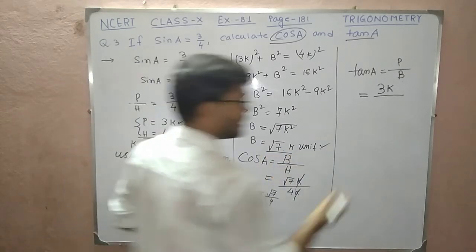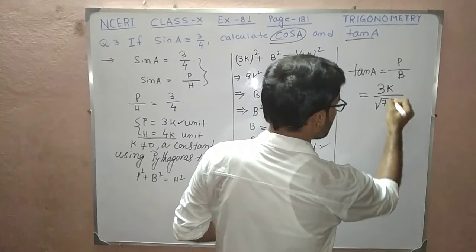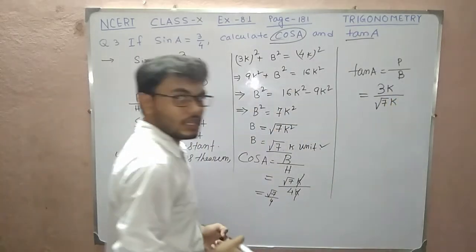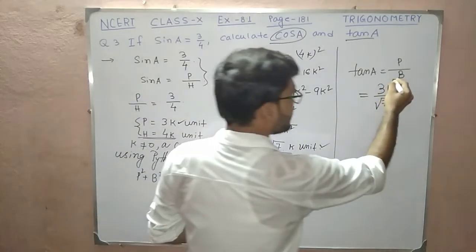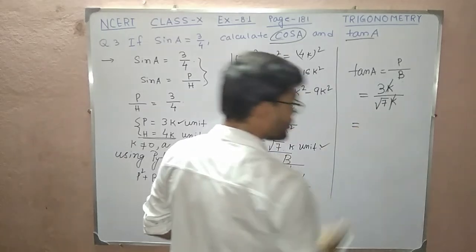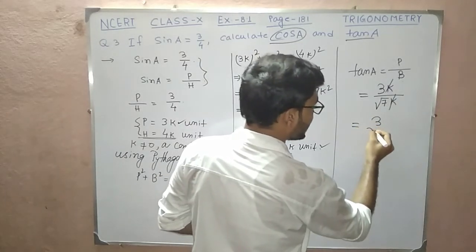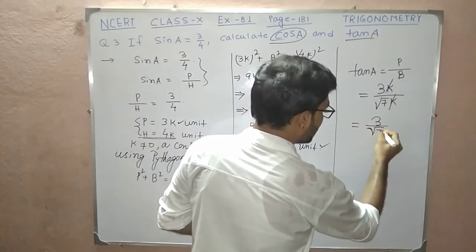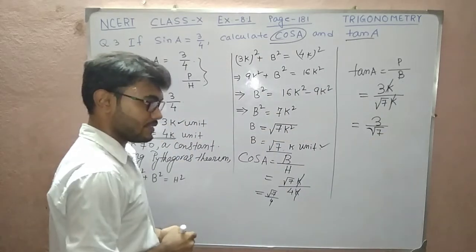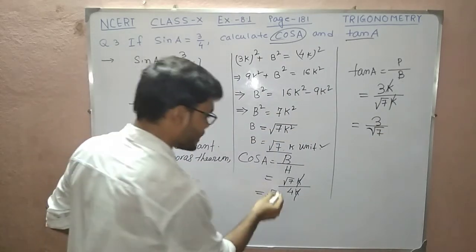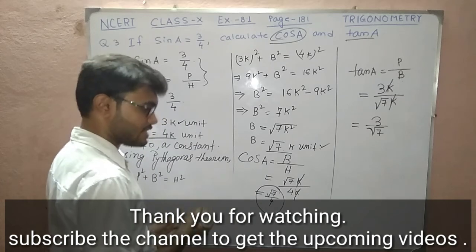Again you can easily cancel k and k, because k was not equal to 0, and the value you are getting is 3 by root 7. That means the value of cos A is root 7 by 4, and that of tan A is 3 by root 7.